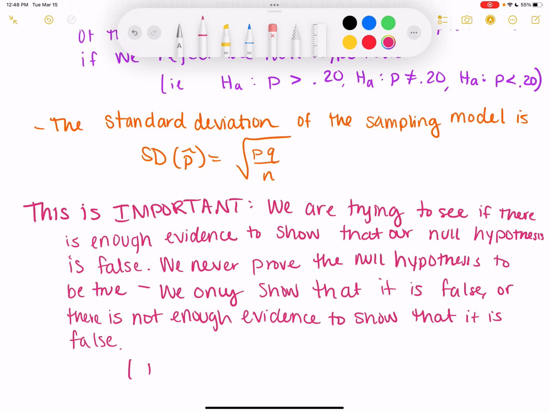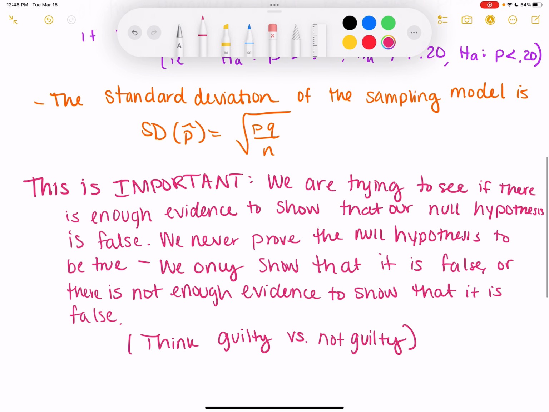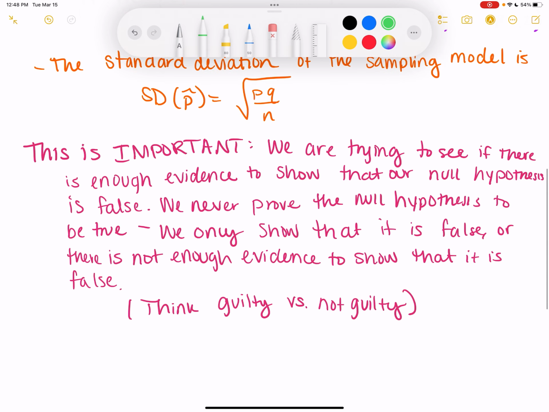So when you think about this, think guilty versus not guilty. And then the keywords that go with these: the guilty aspect of it would be that we reject the null hypothesis.